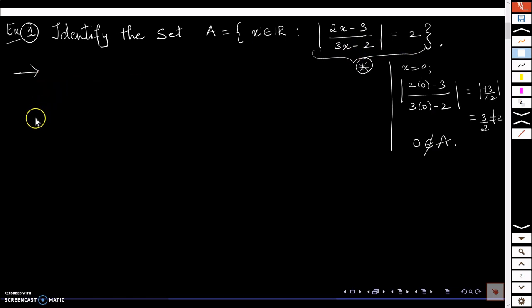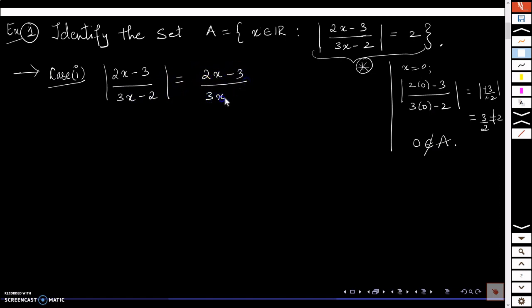So there are two cases coming here, and these are the only two possible cases. Case 1 is when the modulus of (2x minus 3) upon (3x minus 2) is equal to itself, right? And the second one will be when this is equal to its negative.